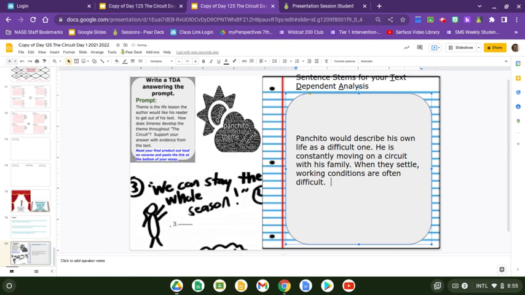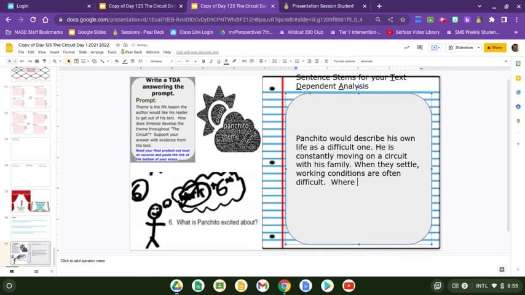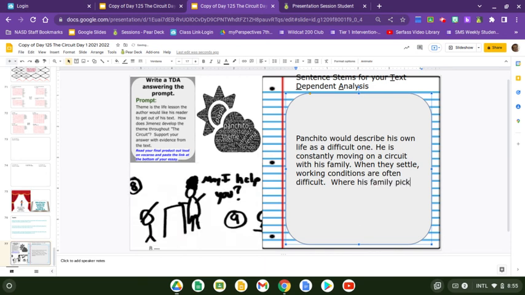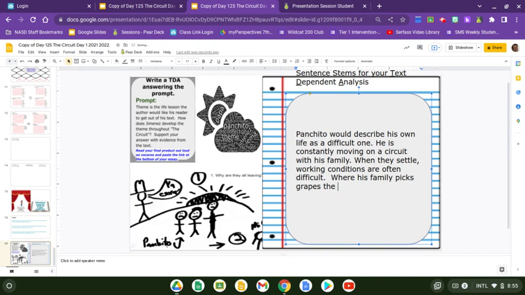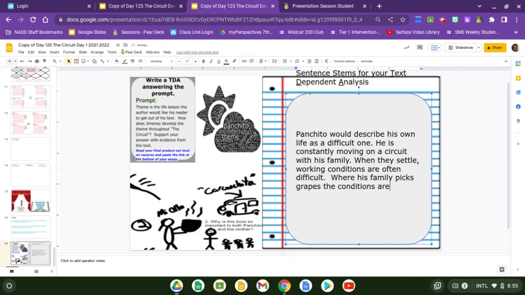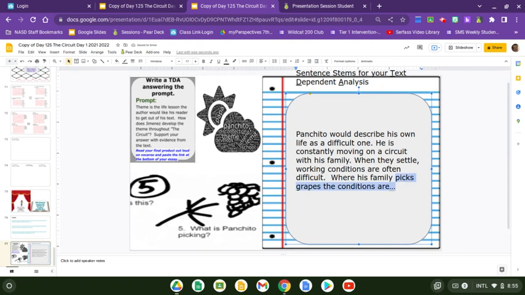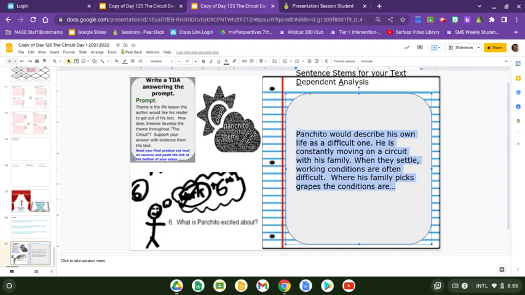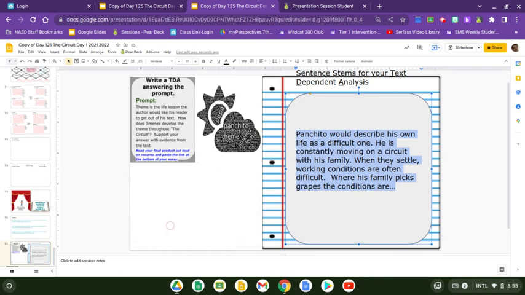And then you can get into the specifics. Where his family picks grapes, the conditions are boom. You are welcome to take this sentence and copy it down for your own. You can pause the video now should you desire to do so.